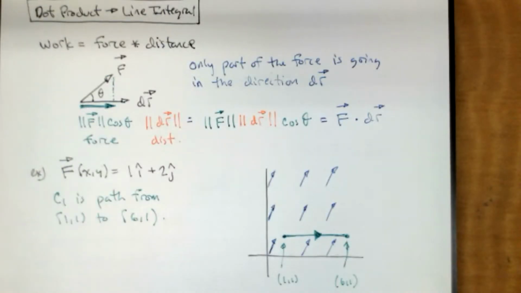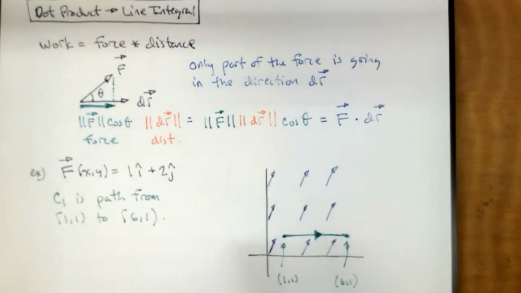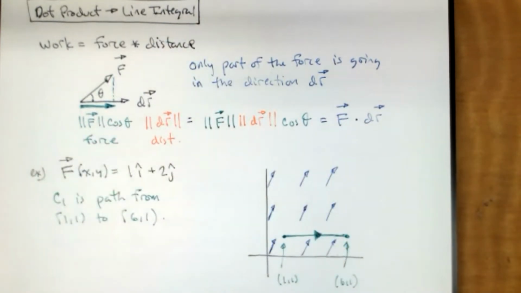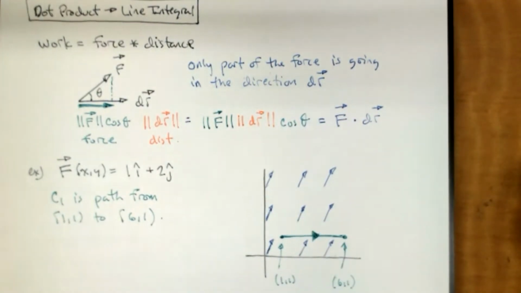Imagine yourself walking through the wind. The wind is trying to push you one direction, and it might be helping a little bit because it's generally pointing that way, but it's also pointing up. We need to know how much of this force is pushing us along this path. So let's make that calculation, see what happens.